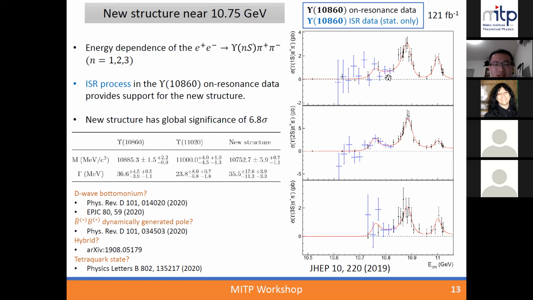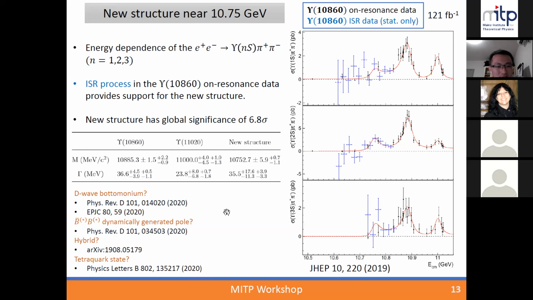This analysis is performed using the Upsilon(10860) data, but the authors also put in the ISR data, which is in blue in the right three plots, and we can see that the ISR process provides some support for the new structure.